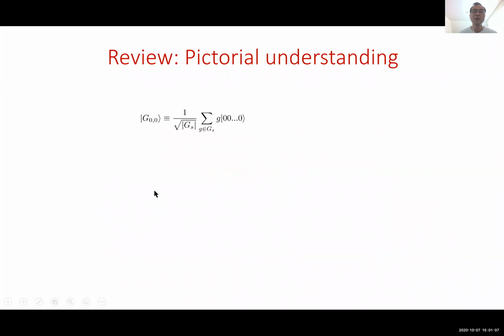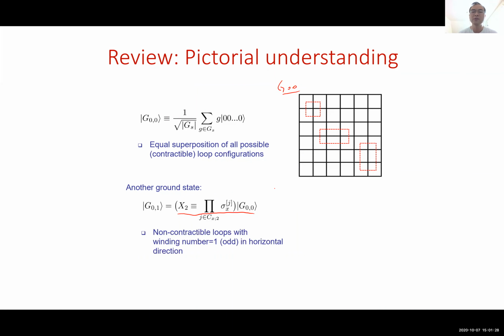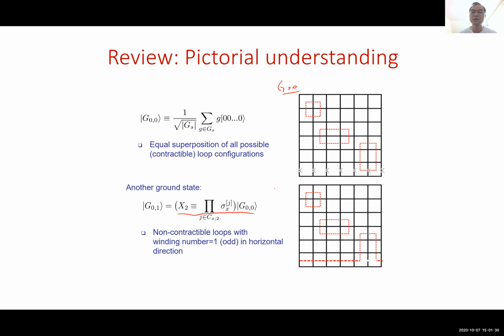Okay, and the pictorial way of understanding these other ground states is as follows. You use the 0, 0 ground state as your starting point. For example, you apply X2, which we define in the horizontal direction.